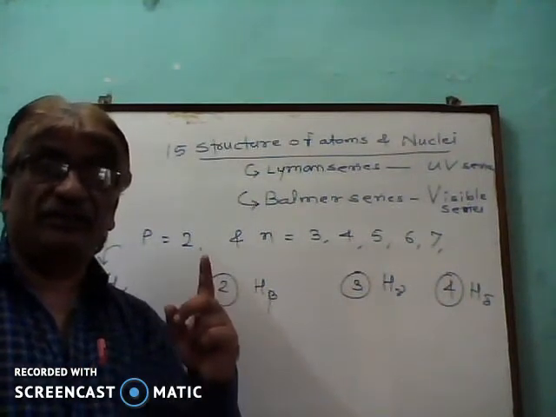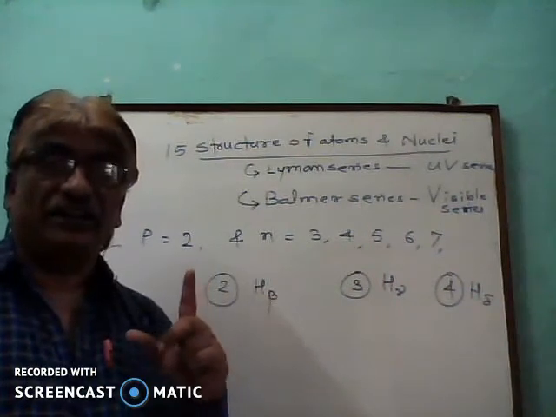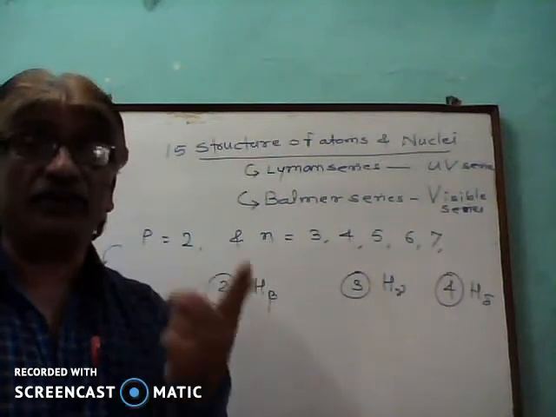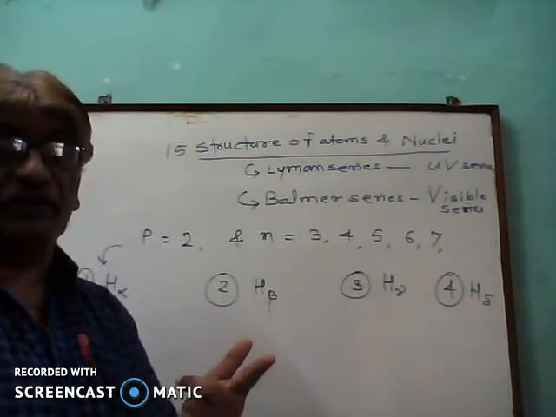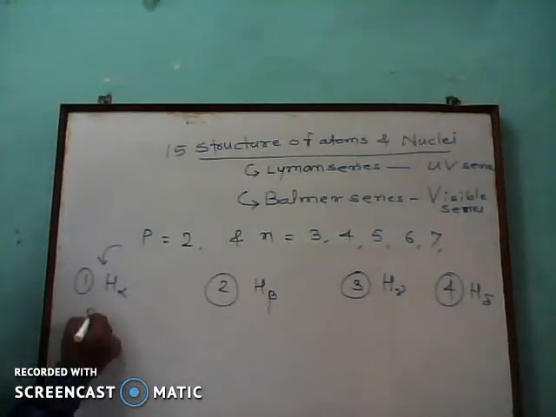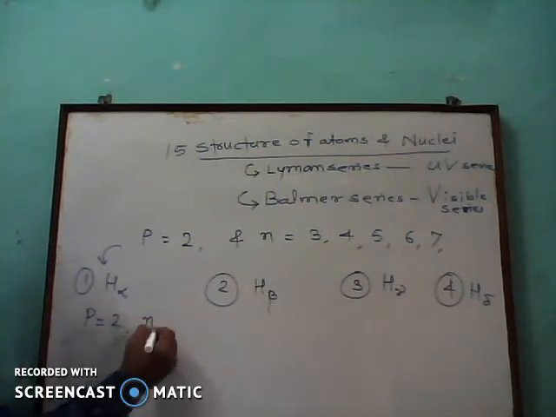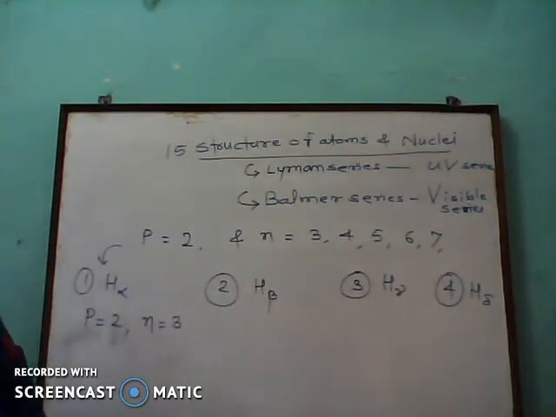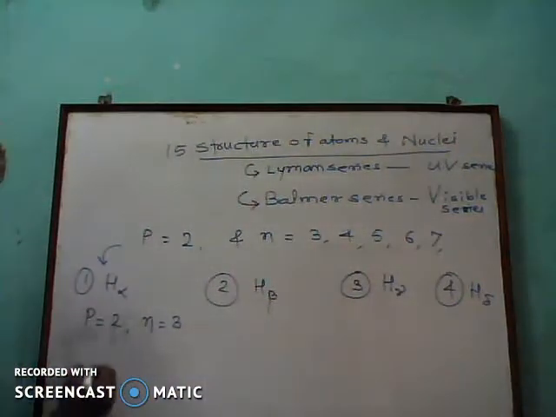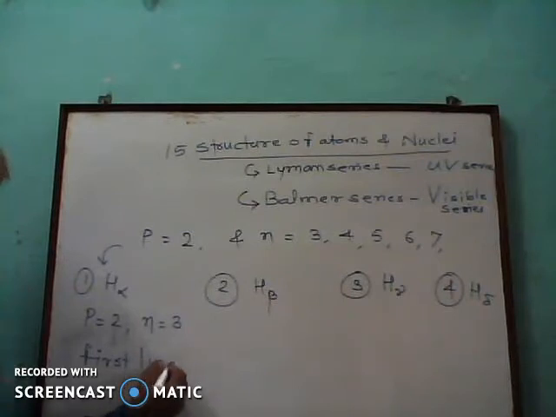When an electron jumps from a different outer orbit, meaning the third outer orbit, to the second inner orbit, meaning P equal to 2 and N equal to 3, the line is called the first line in the Balmer series, which is called the H alpha line, which is also called the longest wavelength.